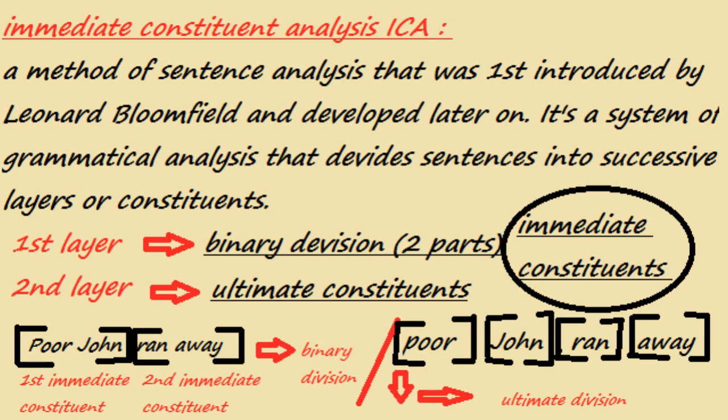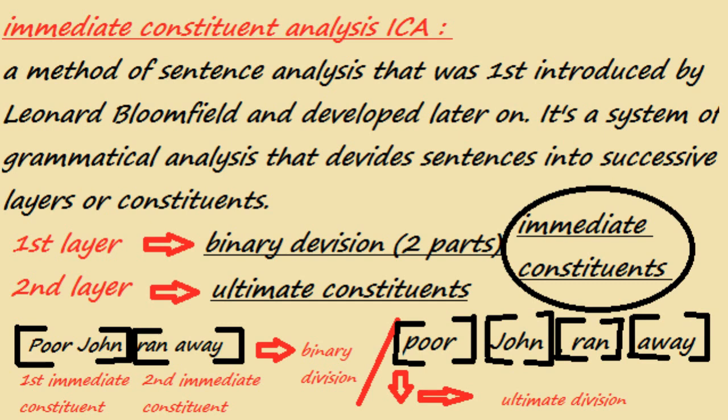To analyze this according to ICA, we take poor John alone as the first immediate constituent, and ran away as the second immediate constituent. Everything that comes before the verb is the first immediate constituent. Everything that comes after the verb, including the verb of course, is the second immediate constituent, and we call it binary division. We have two parts.